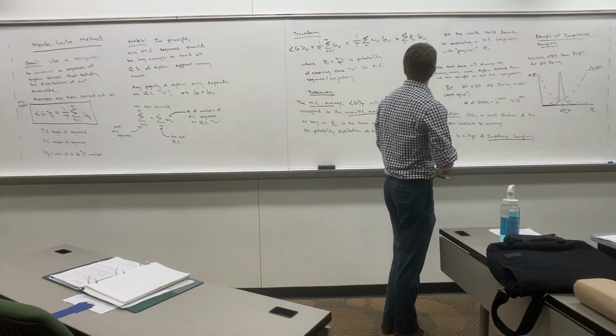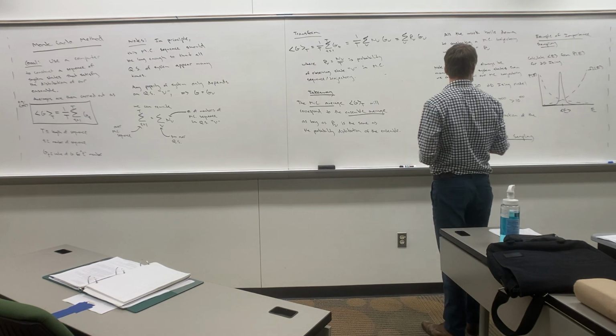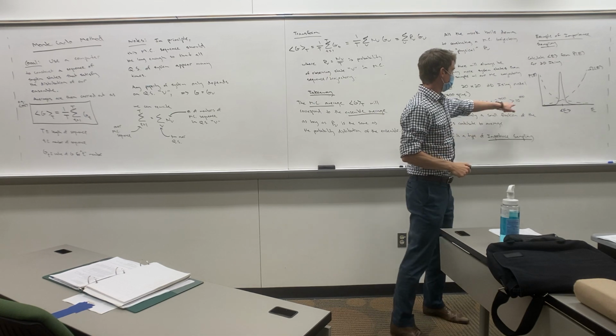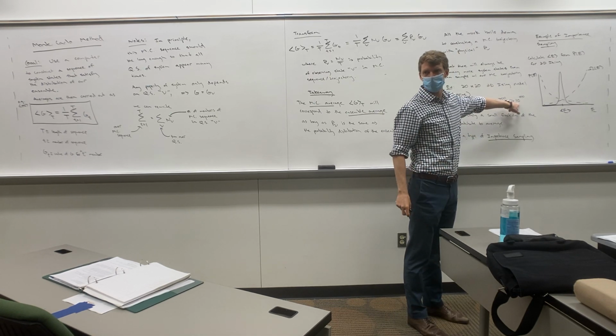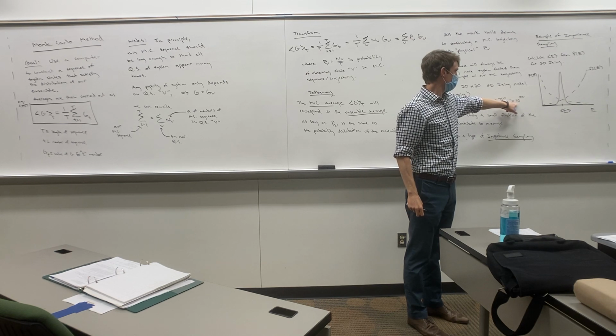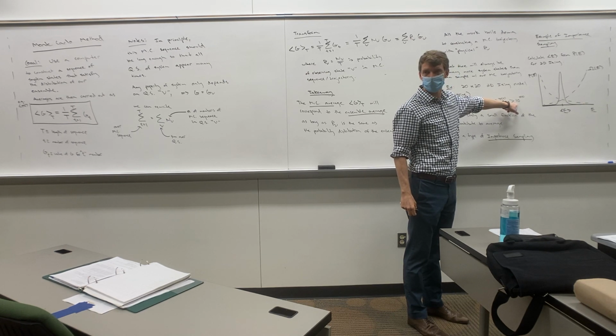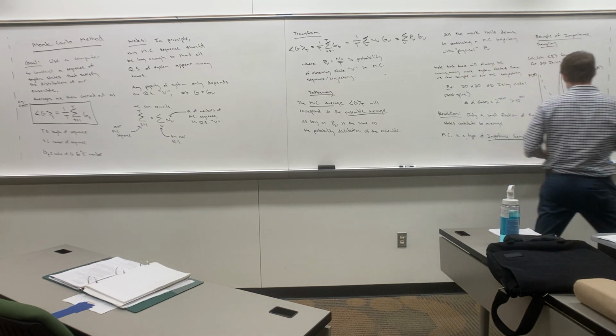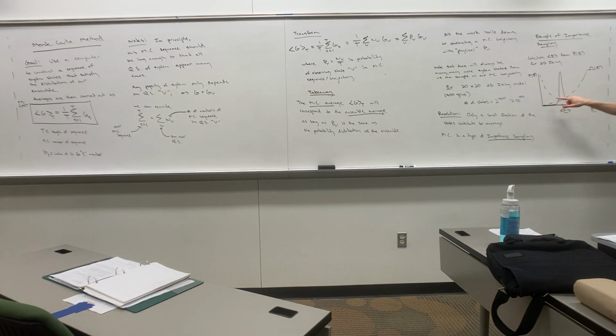Okay. I said there are 10 to the 100 states in the 2D Ising model. Where are most of those states? They're on the sides. Actually, most of them are to the right, because the degeneracy is telling you the number of states. There's a few states here, and there's an enormous number of states over here.